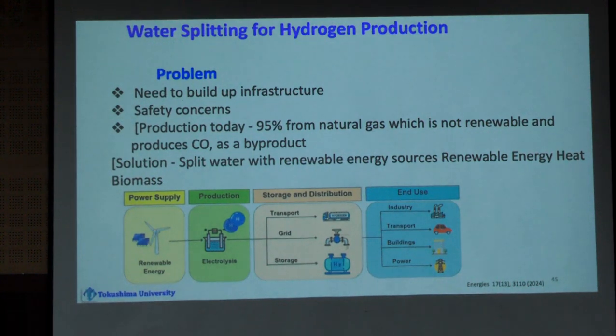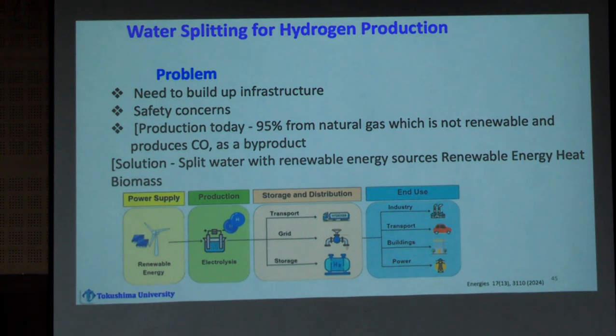And today we say that we are using renewable sources like wind energy, solar energy. You can see them everywhere. But in reality, the contribution of these renewable sources is not much.